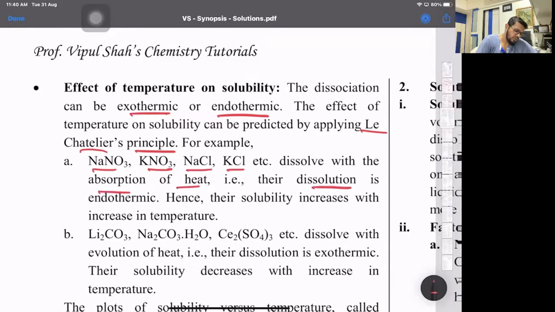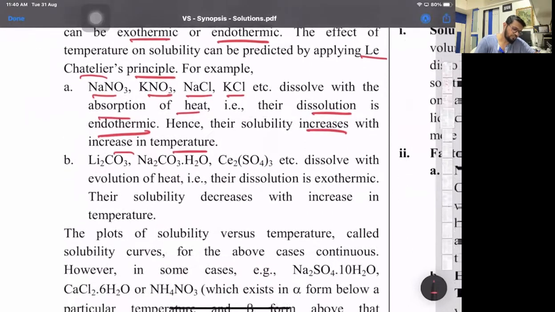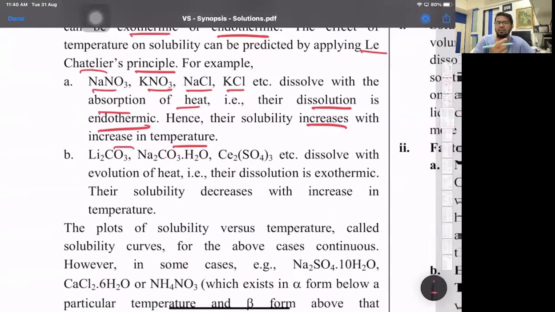That is, their dissolution is endothermic, meaning the solubility increases with increase in temperature. But salts like lithium carbonate, sodium carbonate, cerium sulfate dissolve by evolution of heat. That is, their dissolution is exothermic, so solubility decreases with the increase in temperature.